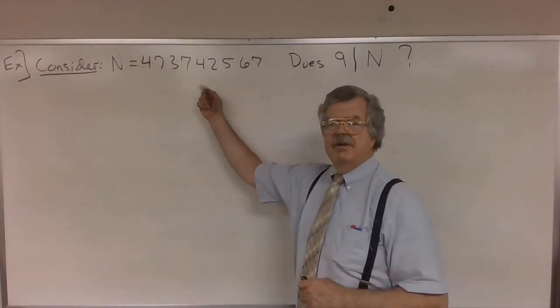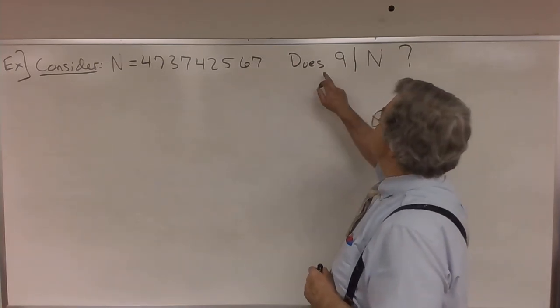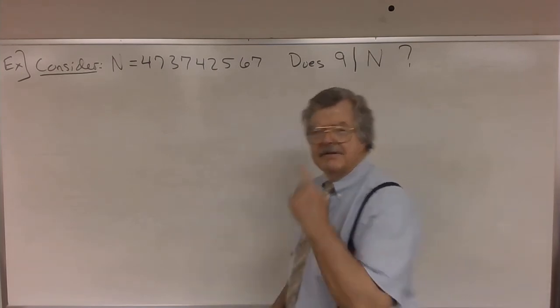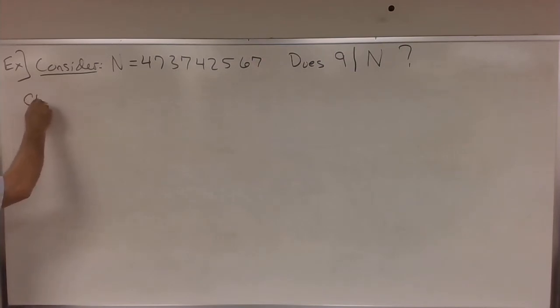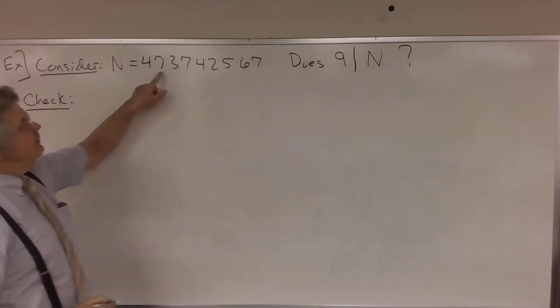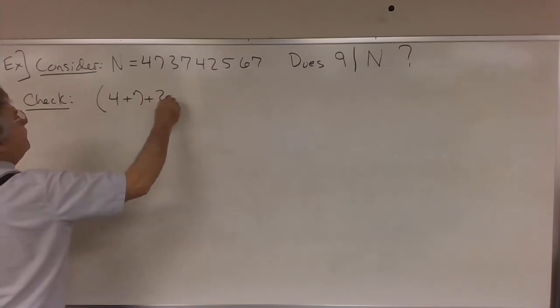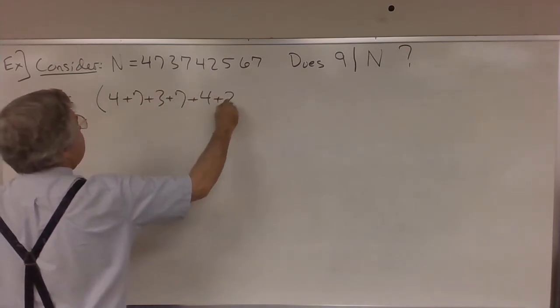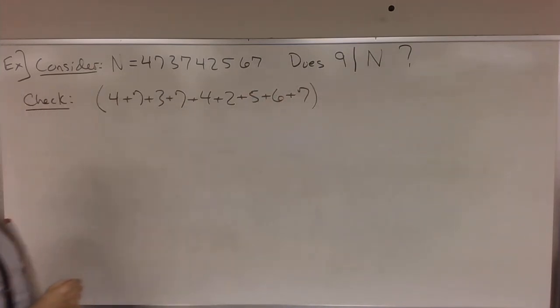Okay, another example. Consider this number. Does 9 divide this number? Let's check. We'll take all of the digits and add them up. 4737, 42567. Okay.